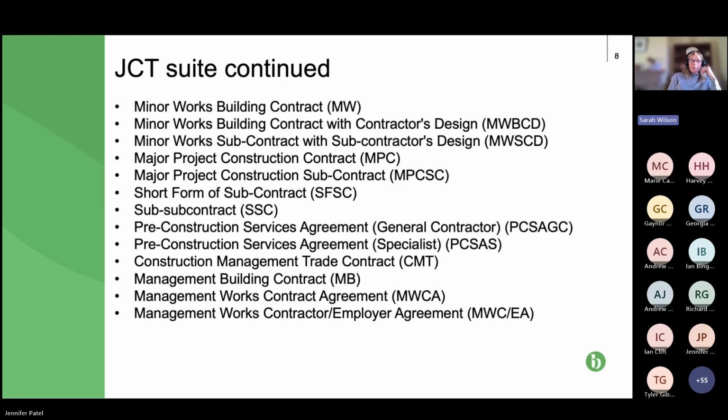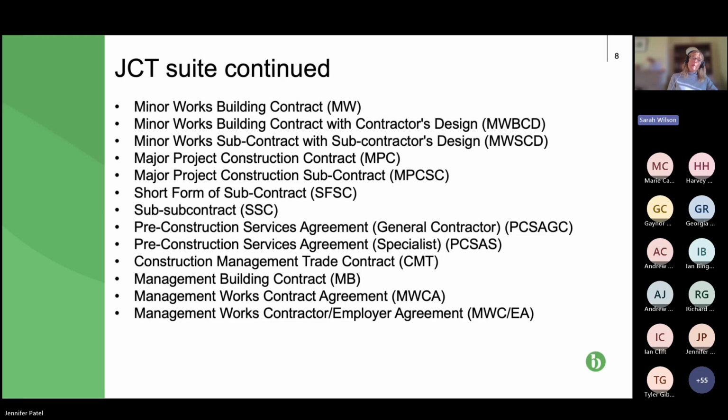And then we have at the bottom the management works contract, and also the management building contracts. They're just two slightly different versions of management contracts where a contractor goes in and manages the trades, the subcontractors, and the liability of the contractor for those subcontractors is limited depending on which one of those contracts you use.